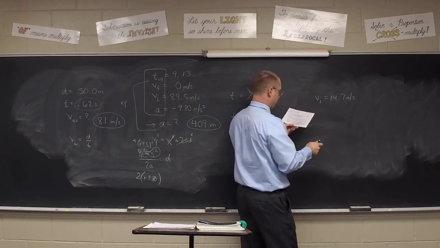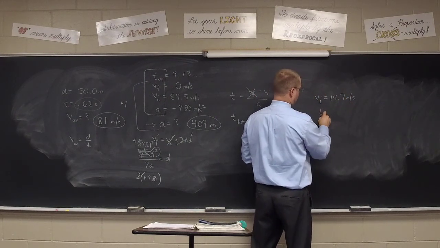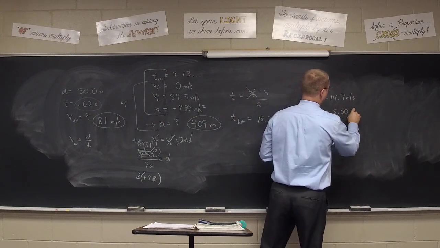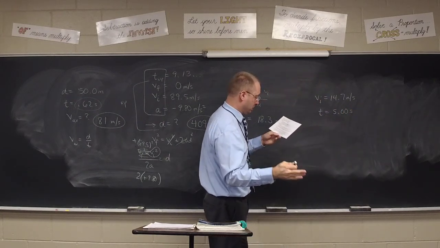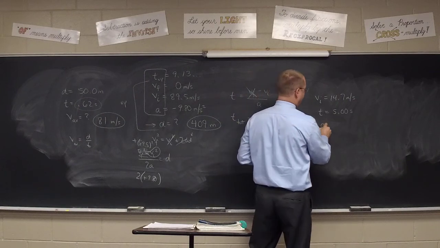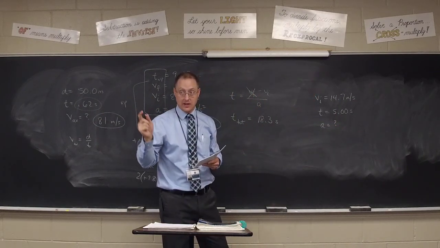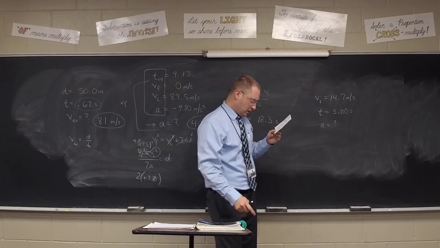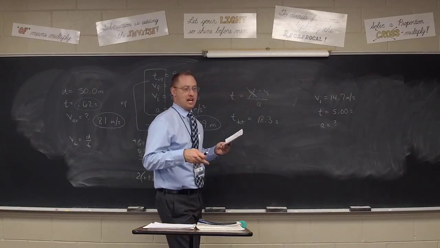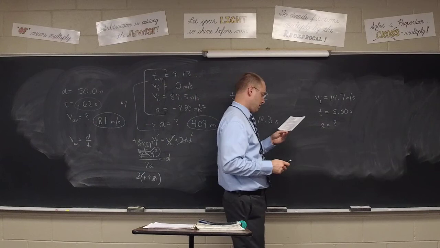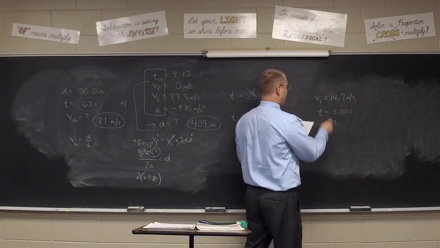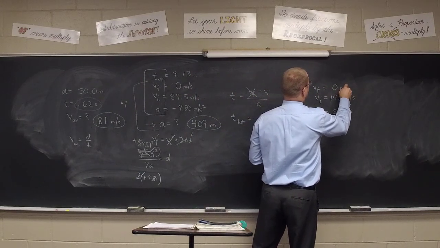The 5 seconds, of course, is time. And we're finding it says it's deceleration, so we're actually finding A, acceleration. We just know our answer, class, is going to be negative, okay? And there's one more number that's suggested, Michael. The final velocity. Final velocity is 0 because it brings the horse to a stop.